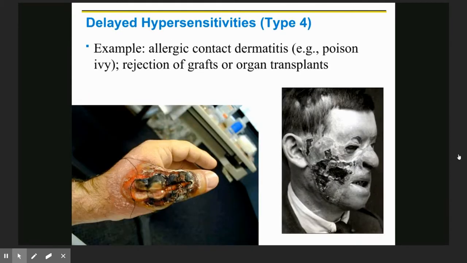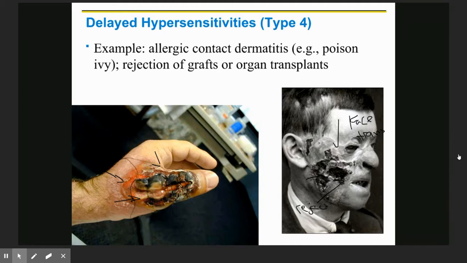Remember, it can be poison ivy, but it can also be tissue rejection from a graft. So you probably heard about the face transplant. Well, that's basically what happened with this guy here. But his body rejected it.